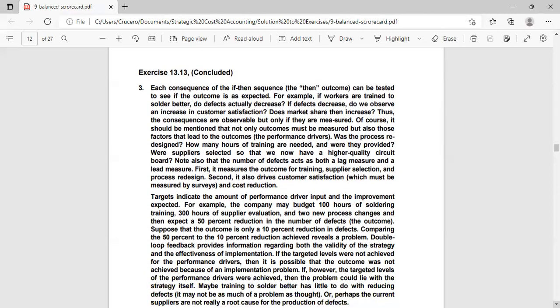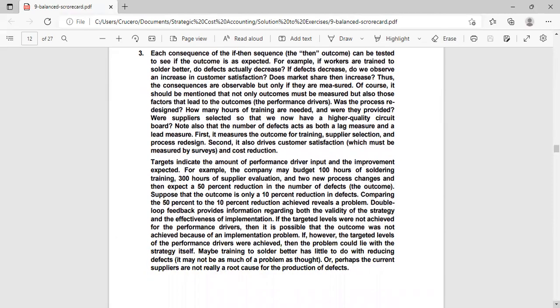If, however, the targeted levels of the performance drivers were achieved, then the problem could lie with the strategy itself. Maybe training to solder better has little to do with reducing defects. It may not be as much of a problem as thought.